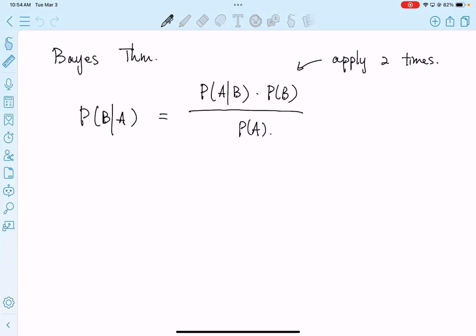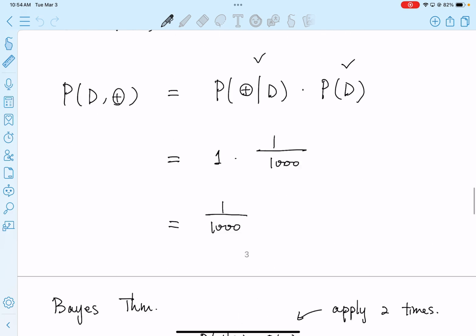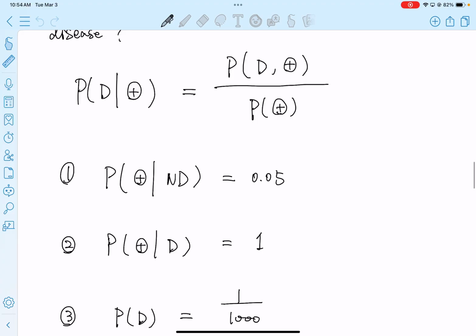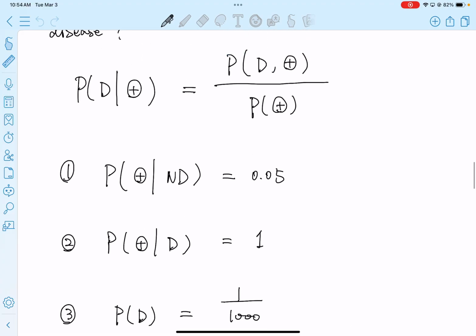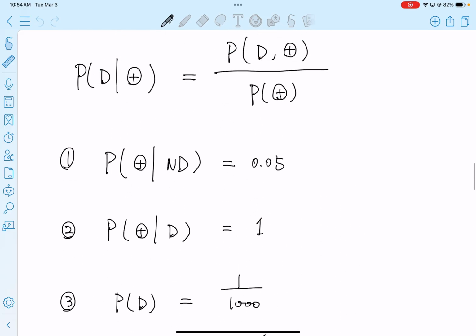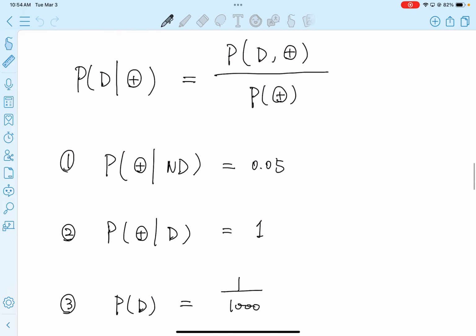Let me find a good way to answer that intuitively. For example, here we have testing positive in the denominator.